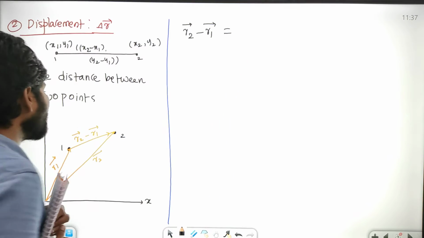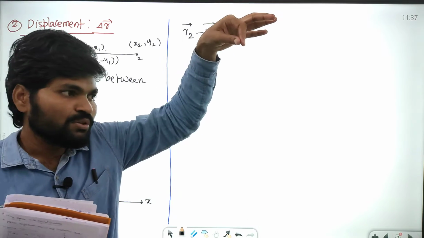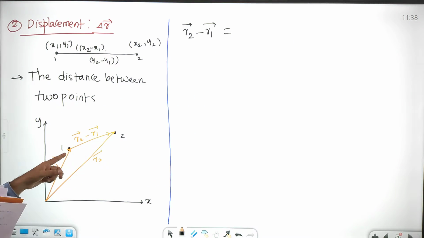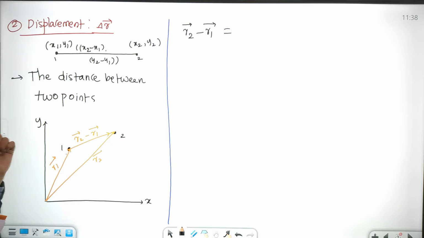I took the 2 positions. I already know this position can be represented with the r vector, another form of showing position. So this is r vector and this is another r vector, and the displacement, the distance between these 2 points, is given by r2 minus r1.